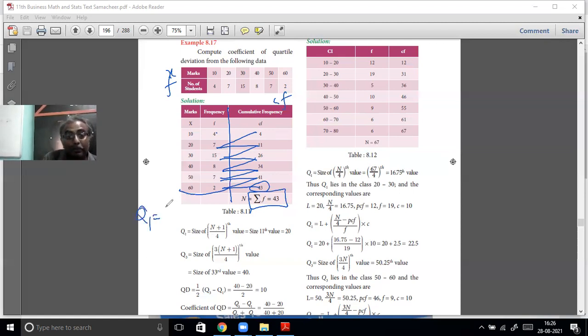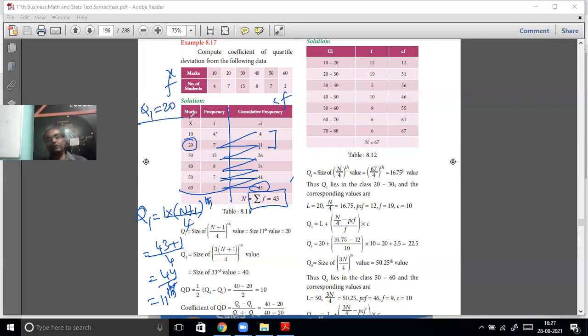Q1 is equal to the 1 into N plus 1 by 4 th value. That is 43 plus 1 by 4, that is 44 by 4, equal to the 11th value. Now you go inside and find where 11 is. 11 is between 4 and 11, so the actual value is 20. So Q1 is equal to 20.